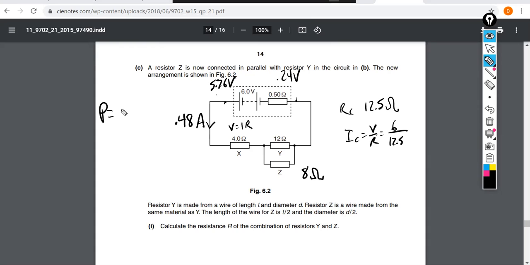We could just say, well, if the power in the external circuit is going to be V squared over the total circuit resistance, since we already know that's 12.5, we could just do 5.76 volts squared over 12.5. I think that's maybe a good way to get it. Square that, 5.76, and divide by 12.5. And so we get a total power, again using the V squared over R equation, of 2.65.